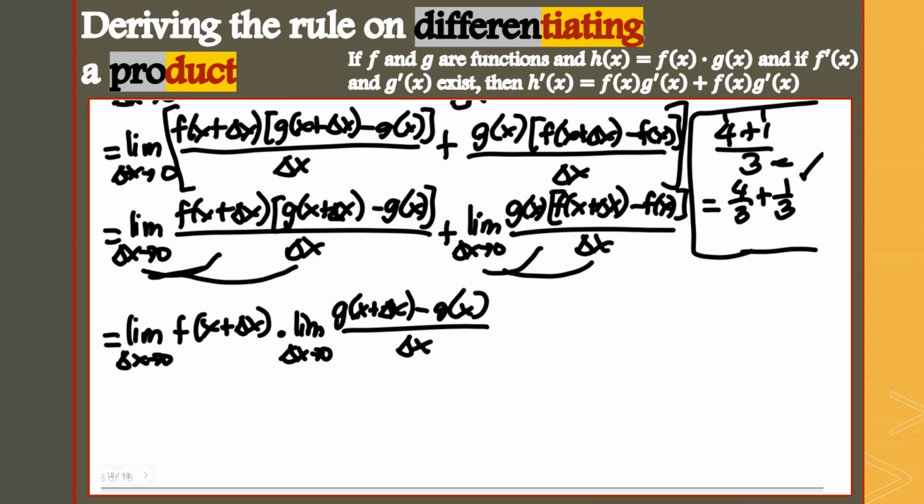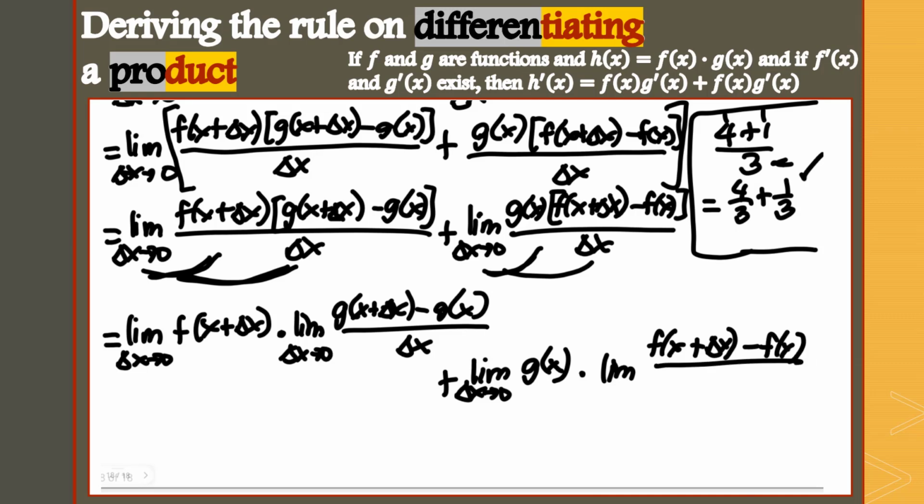That's for the first. Then plus, as you also distribute that, you have the limit of g of x as delta x approaches 0 times the limit of f of x plus delta x minus f of x over delta x as delta x approaches 0.